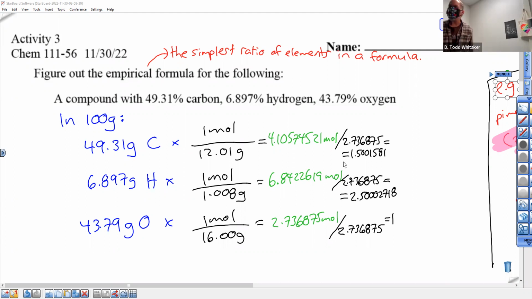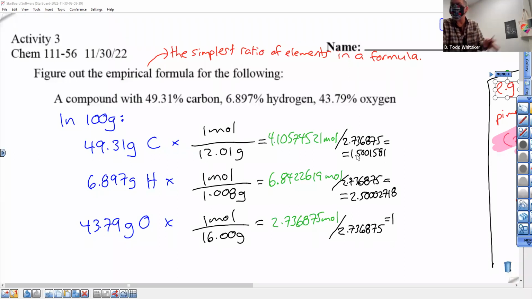Now we have to make them all into integers. The last one is already an integer, but the top two are not. So when you end with a 0.5 right after the decimal, guess what number would be good to multiply to get rid of the 0.5? 2.